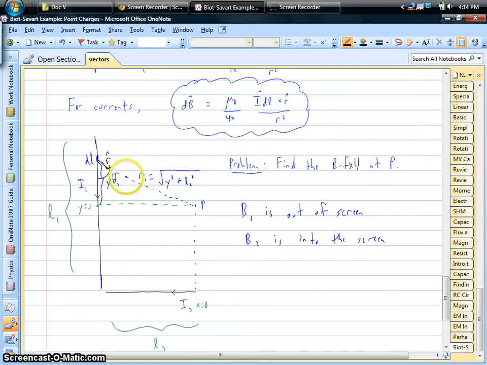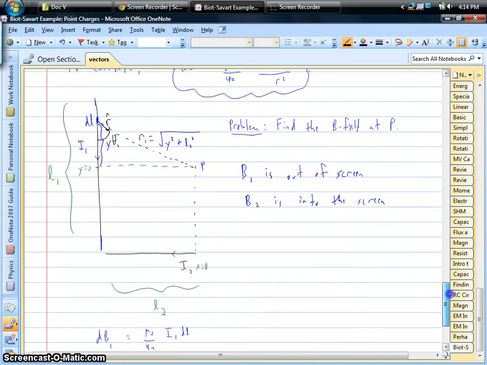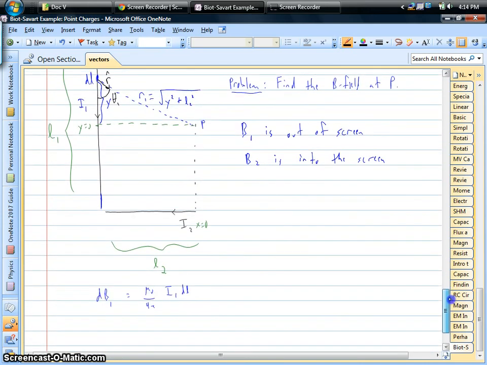I'm calling that theta 1 up there. Okay, to do a cross product, we have to account for the sine of that angle. Now the magnitude of r hat is just 1, so that's never going to mess up your calculations. But we do need the sine of the angle that's up there. And that's all going to be over r1 squared.